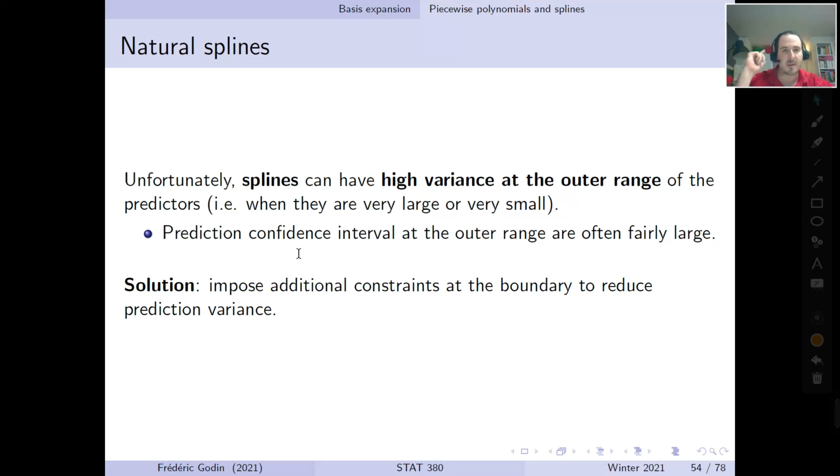So the solution to this is to impose an additional constraint on the polynomials for the first subinterval and the last subinterval, to reduce the variance of predictions for values of x falling into these two extreme subintervals.